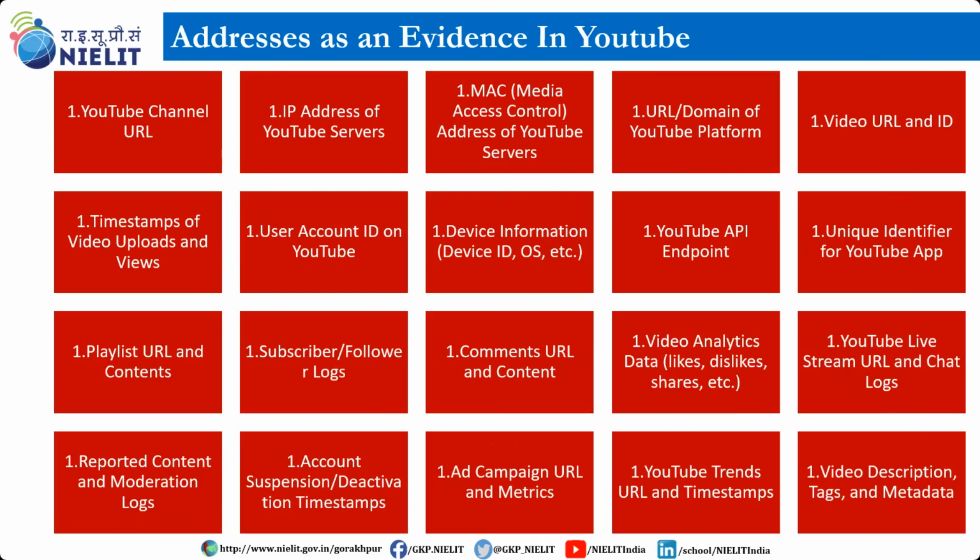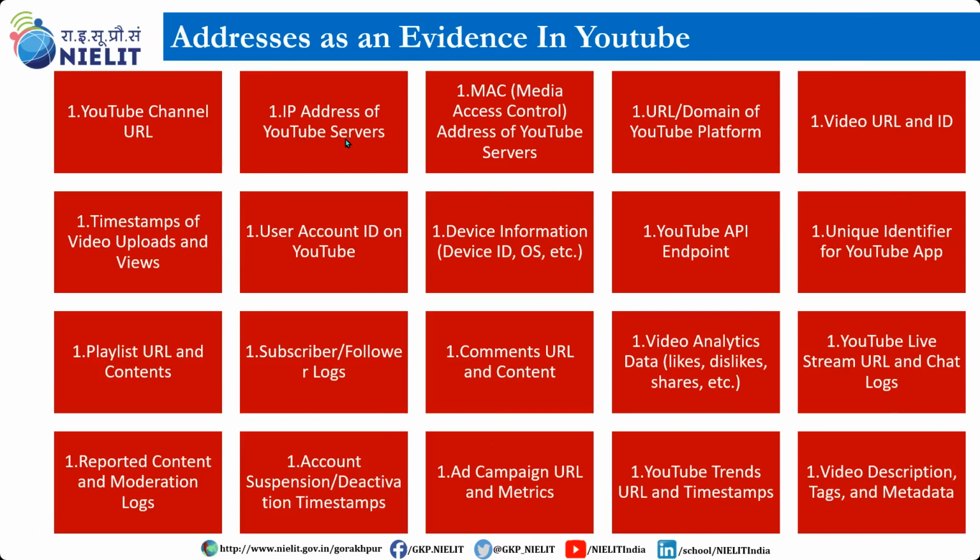Similarly, YouTube streaming has some information like the YouTube channel URL. So every channel has a unique URL, and this unique URL can be helpful for finding some of the details, because while investigating, your channel URL must be present, and some logs related to the channel URL will be provided by YouTube. So it depends on the investigation scenario.